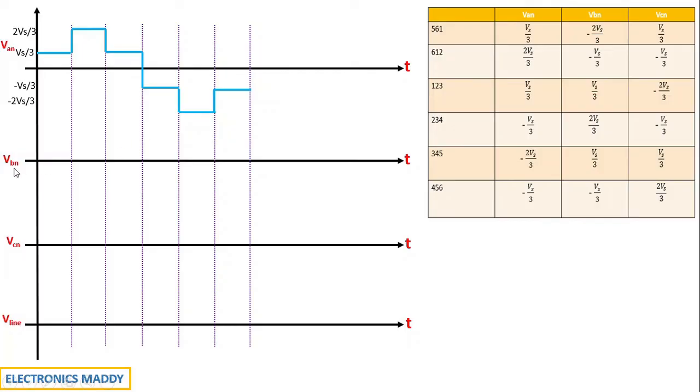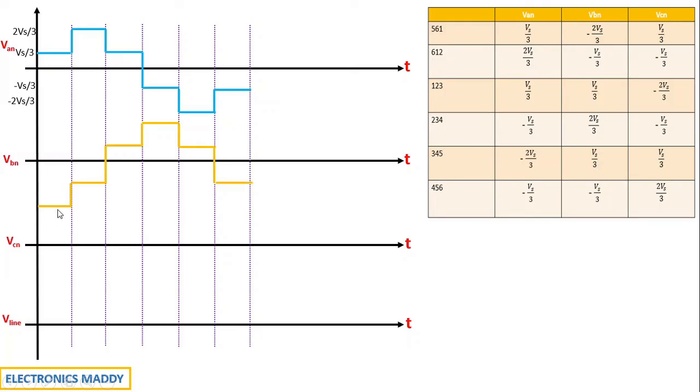Now how do we draw it for VBN? Observe the table. It should start from minus 2 Vs by 3, isn't it? So you're getting minus 2 Vs by 3 and then it goes to minus Vs by 3, then to Vs by 3, then to 2 Vs by 3, then to Vs by 3, and then to minus Vs by 3.